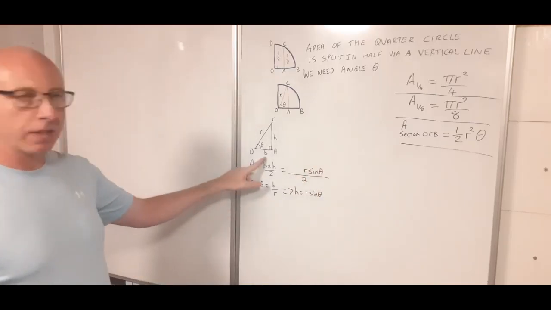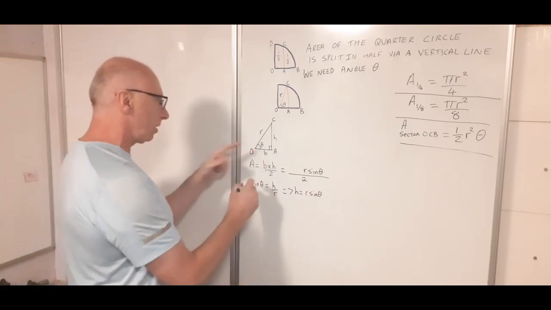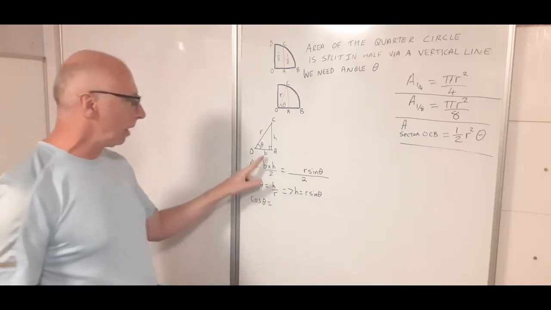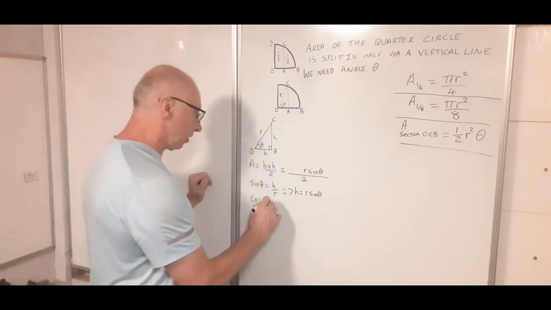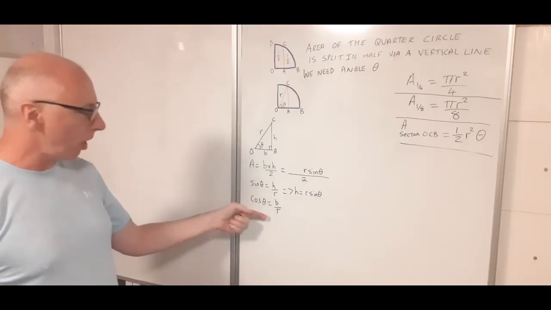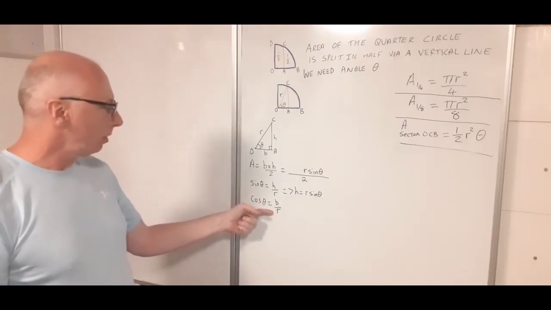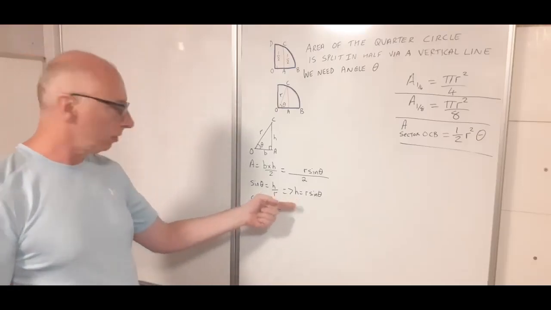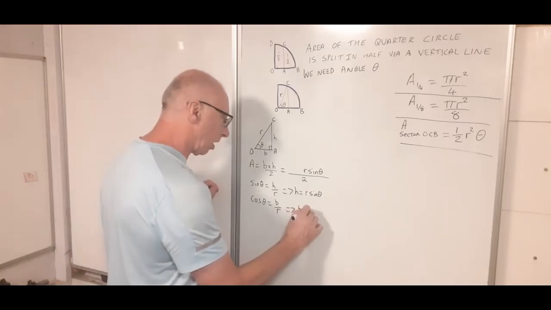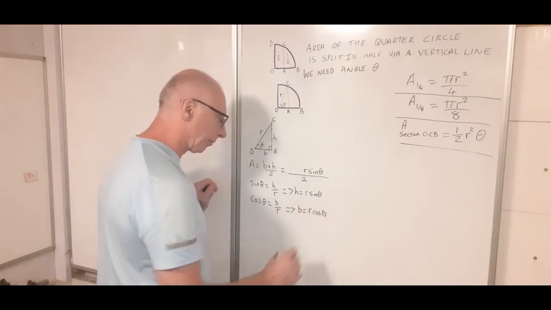And now let's find the base. The base, because it's adjacent, will be cosine of theta. So this time I'll have base divided by the radius, that's adjacent over hypotenuse. Again, do what I did before and make the base the subject, so the base equals r cosine theta.